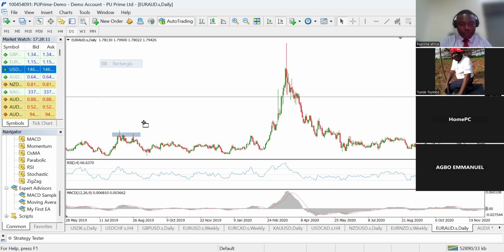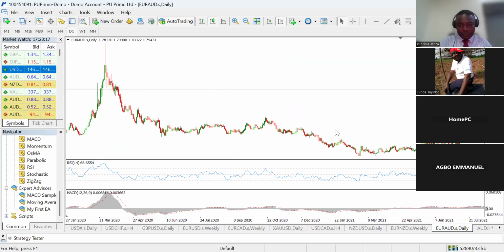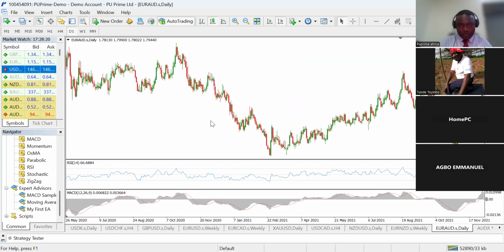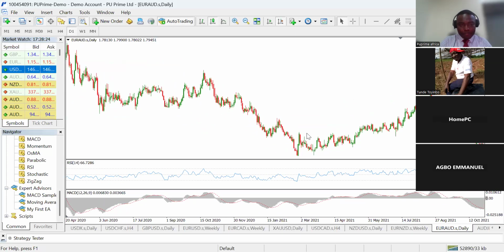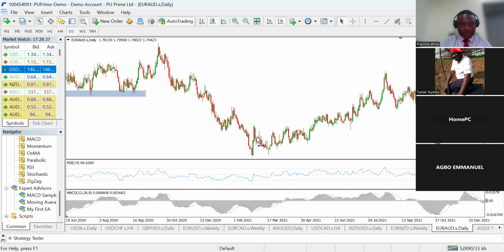Here we have support in 2019. We have another support in 2019, this whole region. Okay, this is 2020.